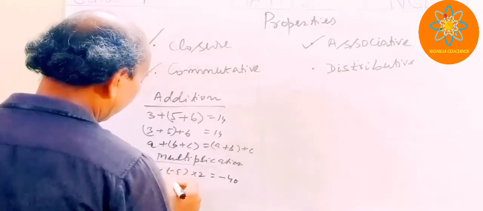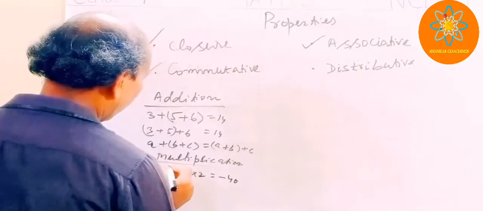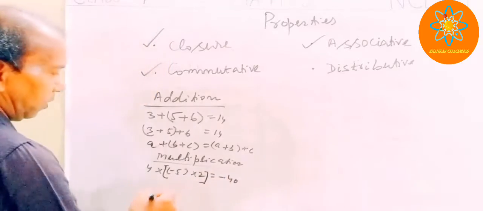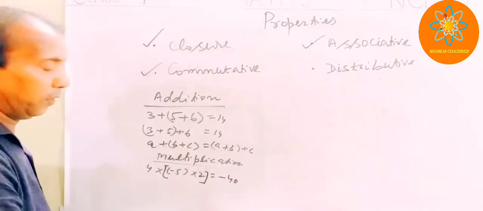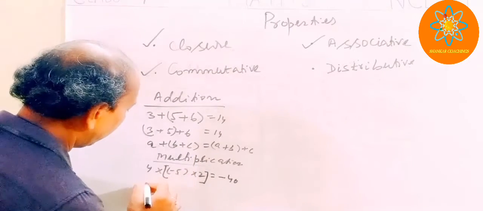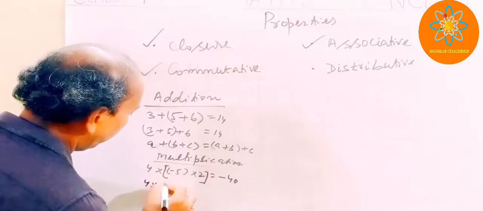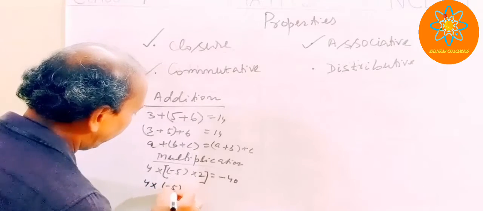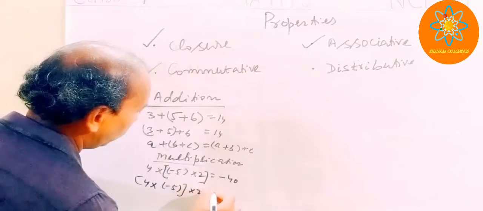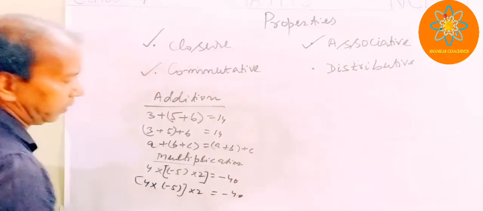I took minus 5 into 2 first, giving minus 10, and then 4 into that, minus 40. Now I can calculate this multiplication in this way also: 4 into minus 5 first, then I multiply by 2, and again I am getting minus 40.